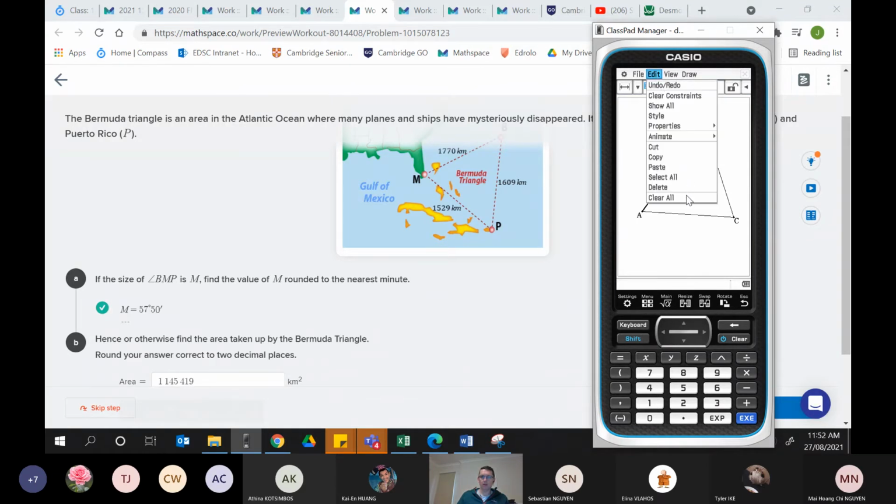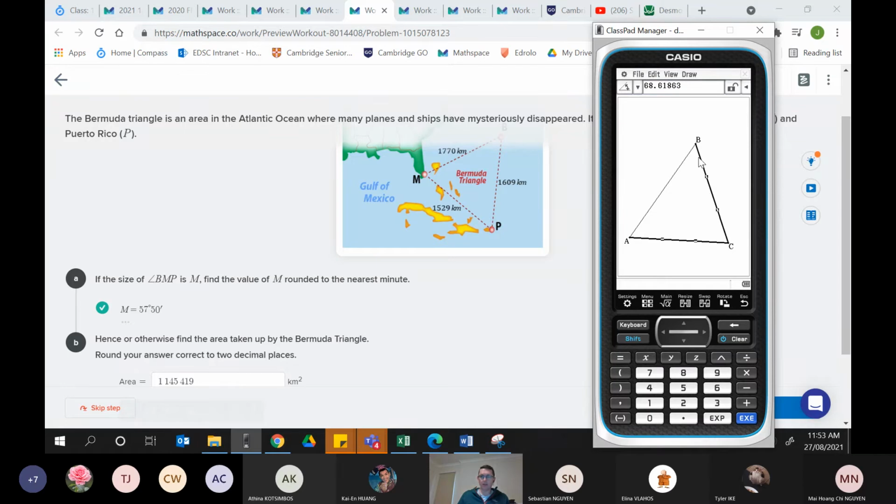So if I go edit, clear all, let's see if this works. I don't think it will, but let me just make this instead. It may not. 0.70. I'm just going to scale it down a bit. Keep it as a similar triangle. Line might be limited. 15.29. Okay, we've locked that in.